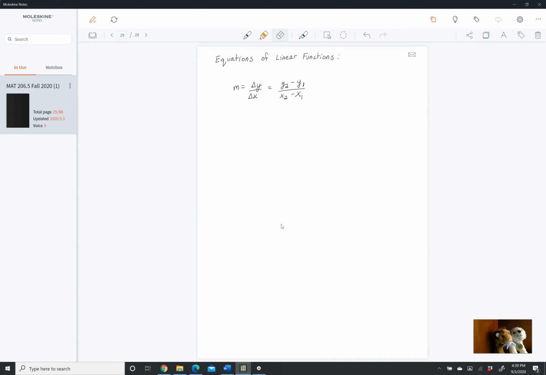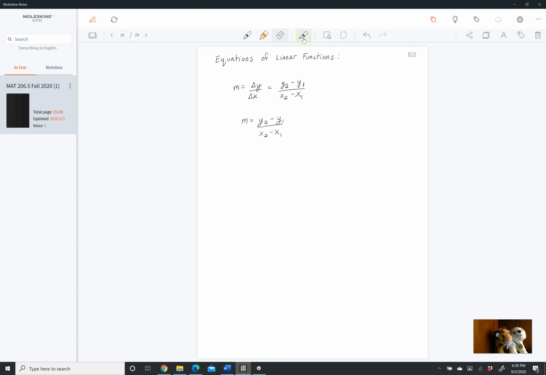So what we're going to do is I'm going to remove that middle piece and I'm just going to write m is equal to y2 minus y1 over x2 minus x1. If you remember this, then you'll be able to find every other equation for a linear function, okay?